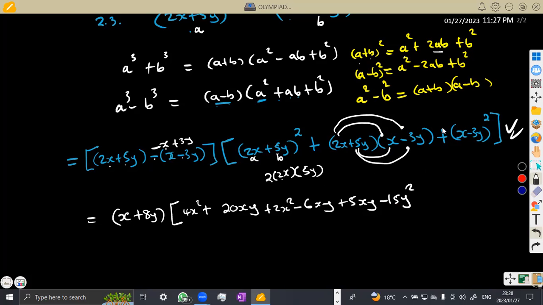So if we're adding, just write as it is, x minus 3y squared. That's a minus b. This is your a, this is your b. So as you can see, it's going to be a squared. We forgot to add the b squared here on this one. So this was supposed to be plus b squared, which is 5 squared, which is 25y squared.